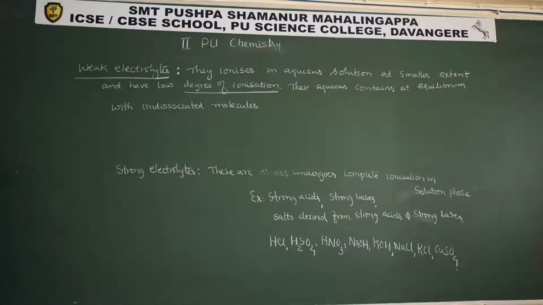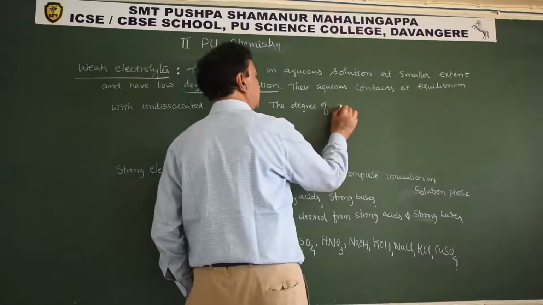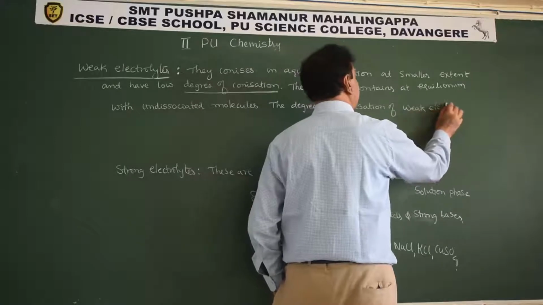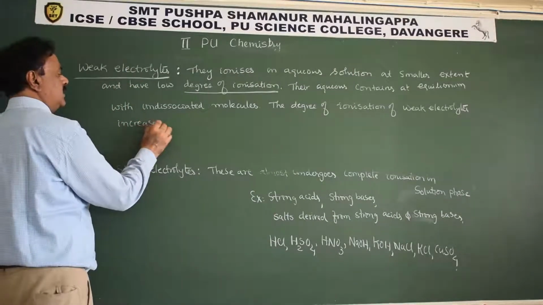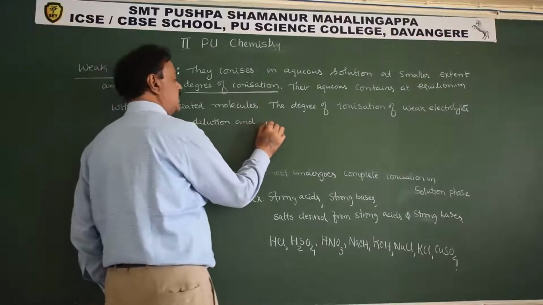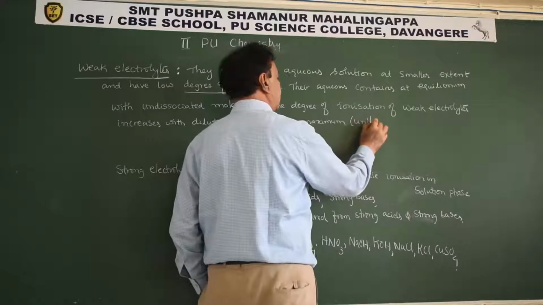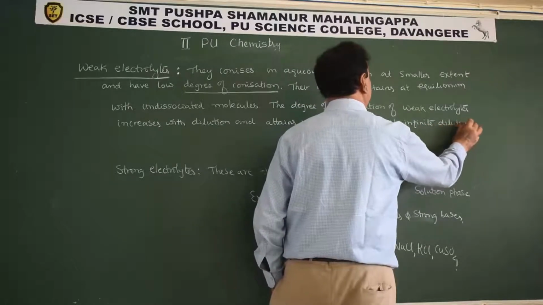And the degree of ionization of weak electrolytes increases with dilution and approaches unity at infinite dilution.